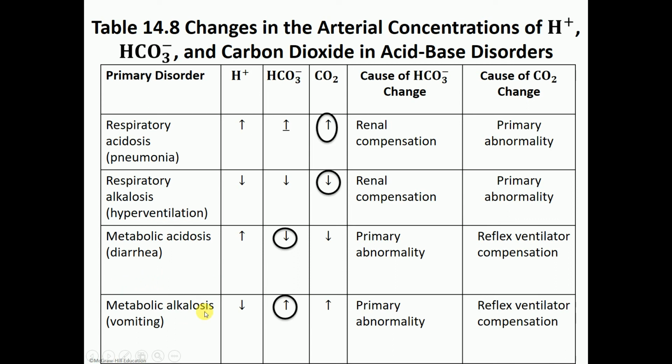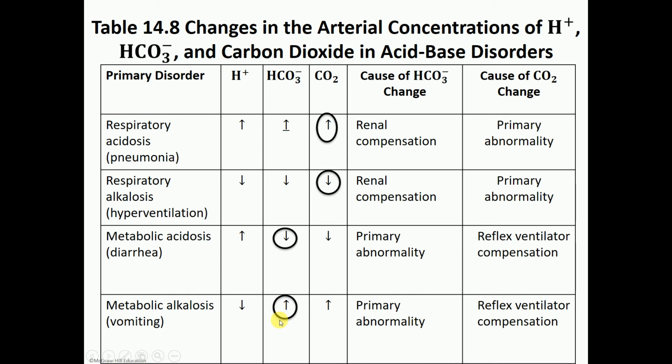A metabolic alkalosis scenario would be, for example, vomiting. When we vomit gastric contents, which are mainly acidic, we have lost all of that acid, and now our pH balance shifts toward the alkaline side. So your primary abnormality would be these relatively higher levels of bicarbonate ions.